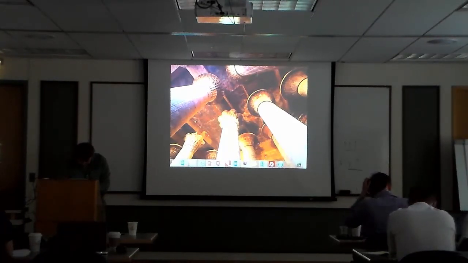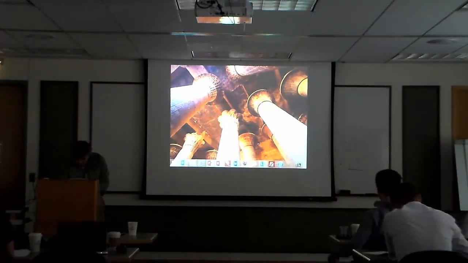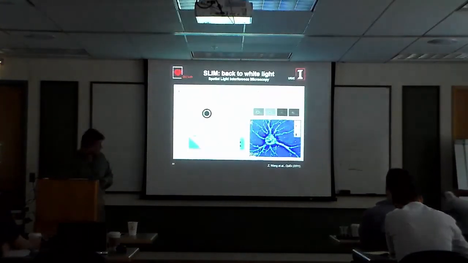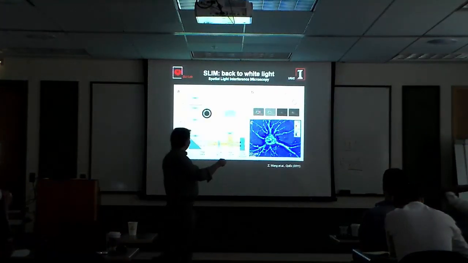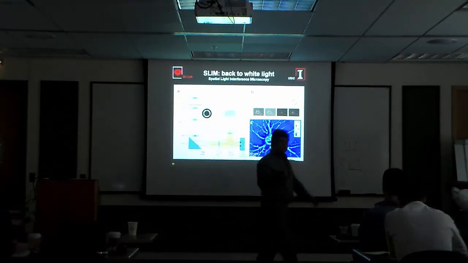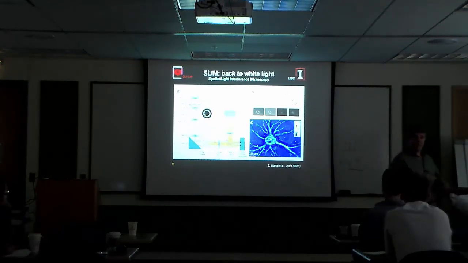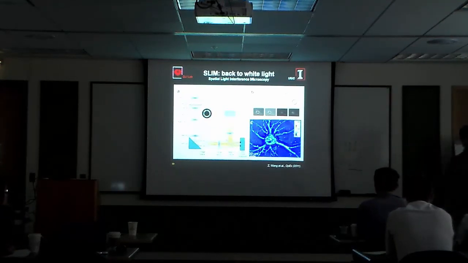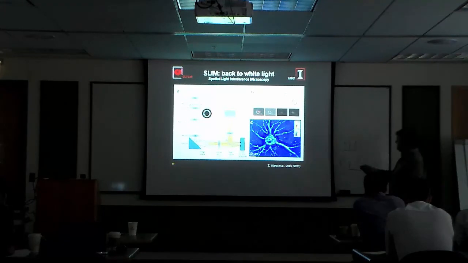Yes. Let me show you one halo. So halo is an artifact pretty much like shadow artifact in DIC that people know and are kind of okay with. That's the way it is. It appears in the phase contrast.